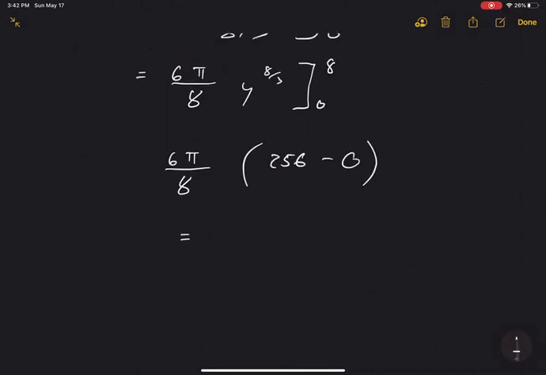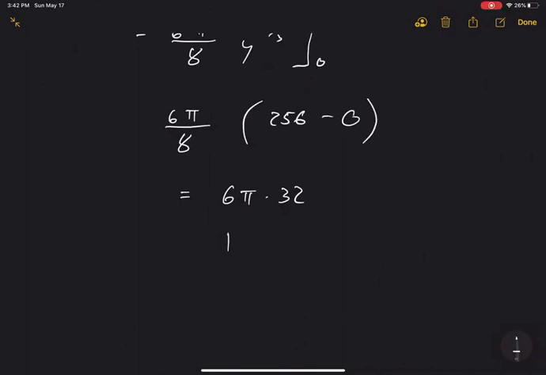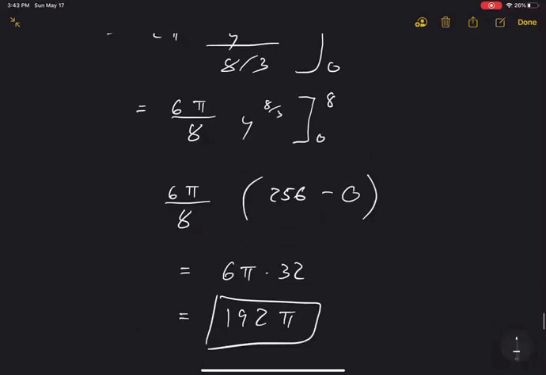So simplifying that, I should have 6 pi times 32, I believe. So let's see if it's 192 pi. And it is. All right, so that is that problem.